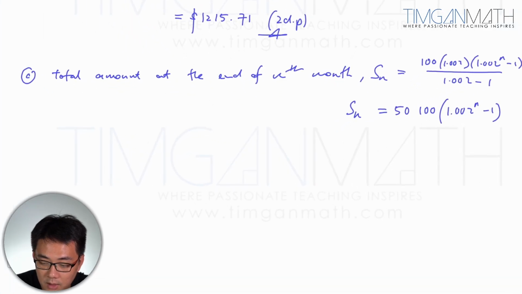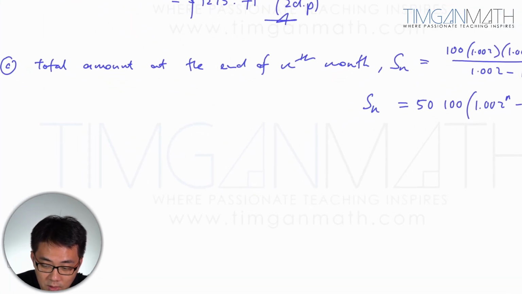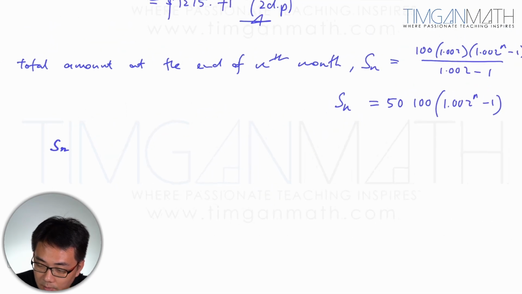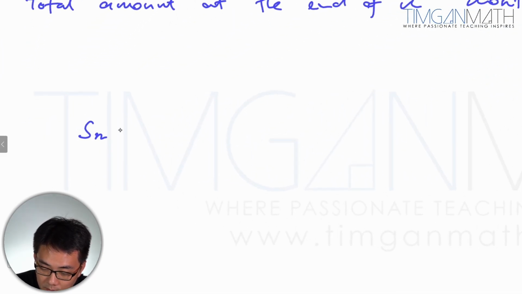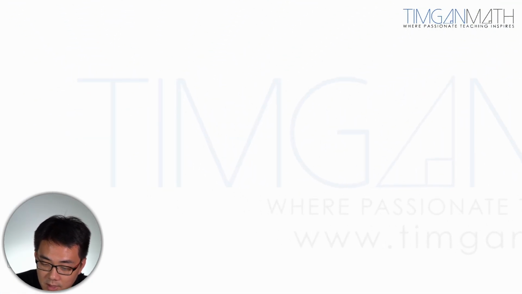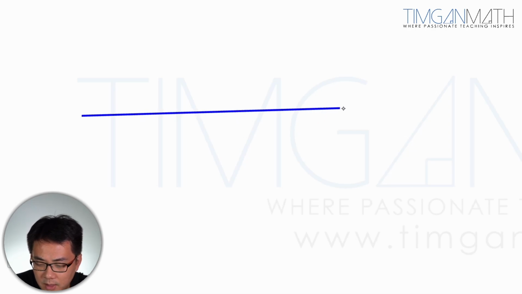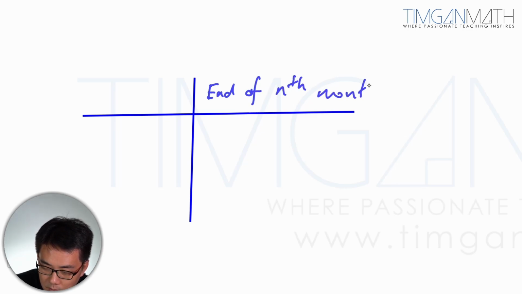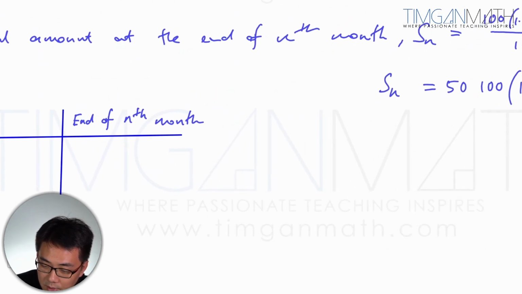So this is interesting. What we need to do is find Sn. Okay, this is what I'm thinking. This is at the end of the nth month, because it's deposited like so. At the end of the nth month, it would be this amount, which is actually 50,000.